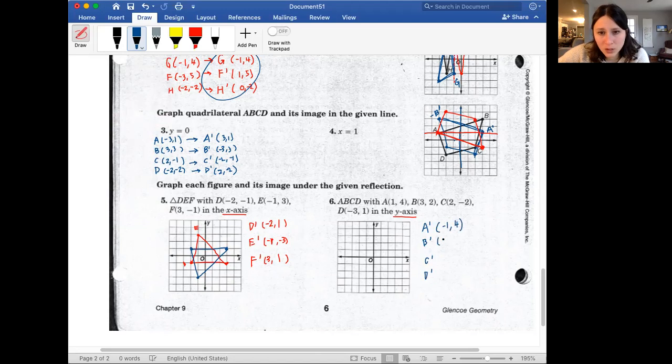These would be your reflected points. Okay, so A, 1, 4, 3, 2, 2, -2, -3, 1.